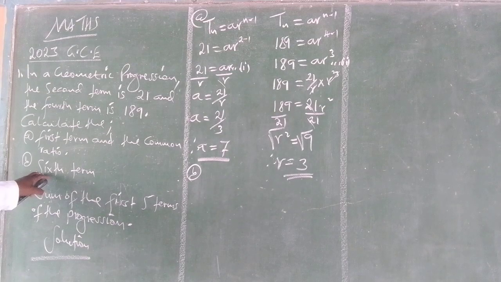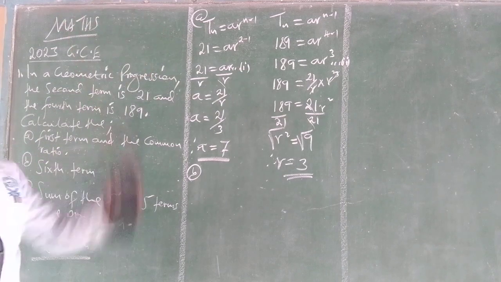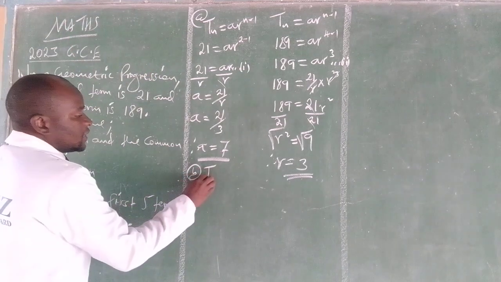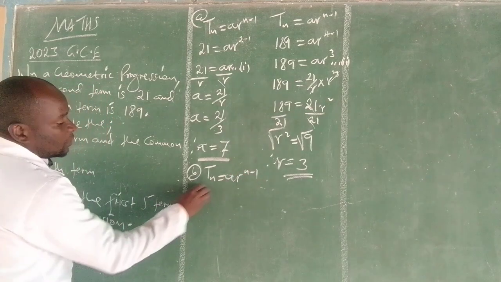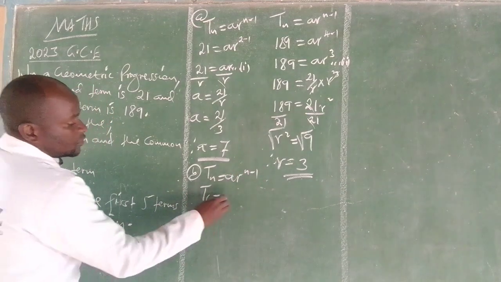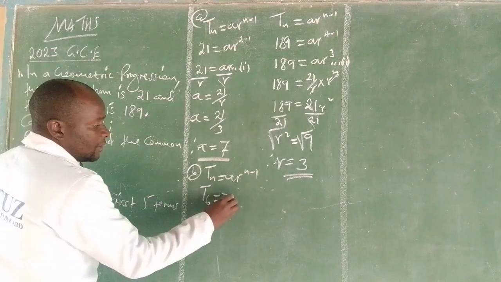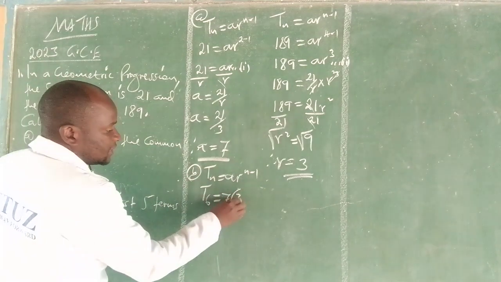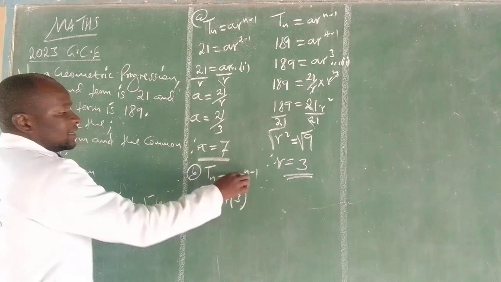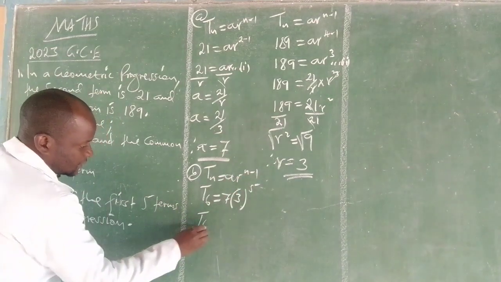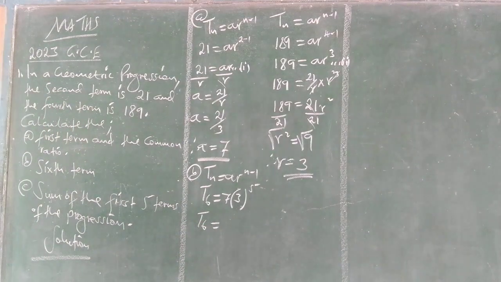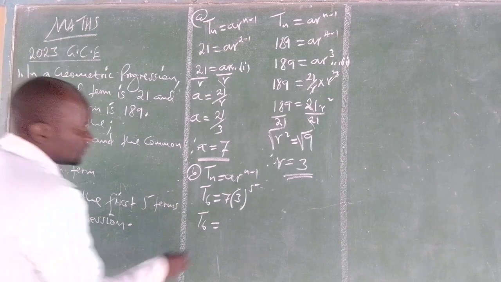Question B says, find the 60th term. The 60th term will be found by the same nth term formula of a GP, Tn is equal to AR to the power n minus 1. So we have T60, which is equal to A, which is 7, multiplied by R, which is 3, to the power 60 minus 1, which will be 59. So 3 to the power 5 gives us 243.